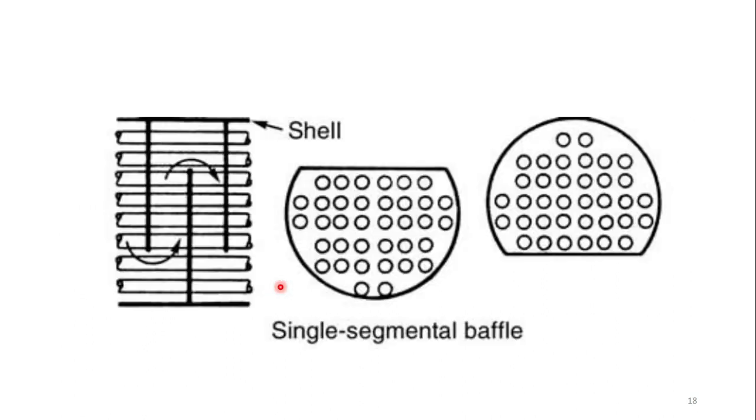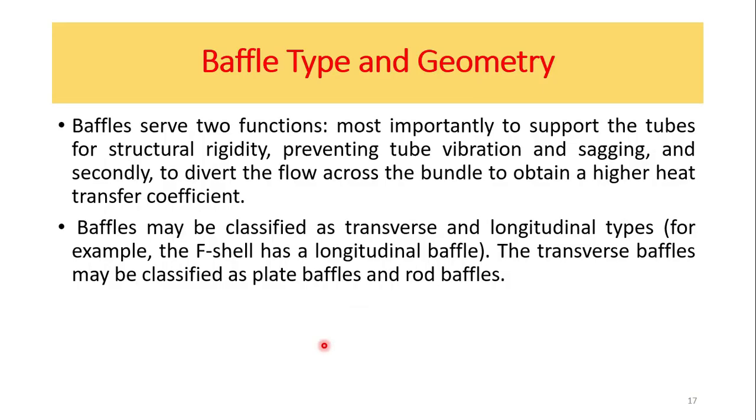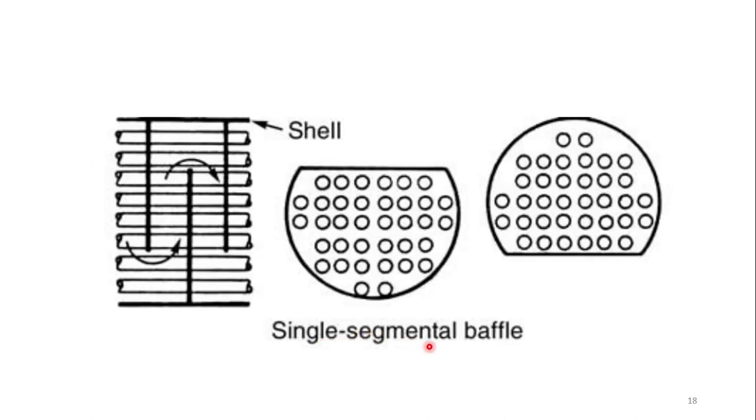So this is the single segmental baffle, right? This is a baffle which has a number of holes, and the tubes pass through these holes, and it is attached to the shell side.